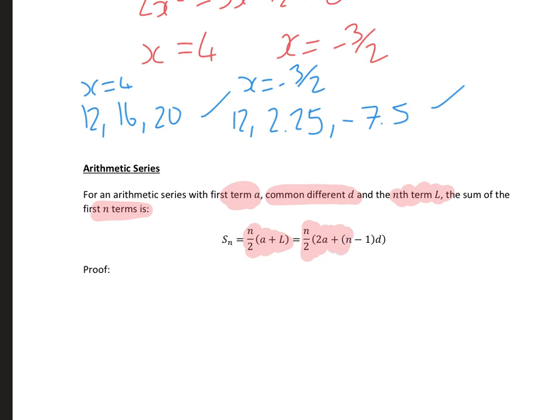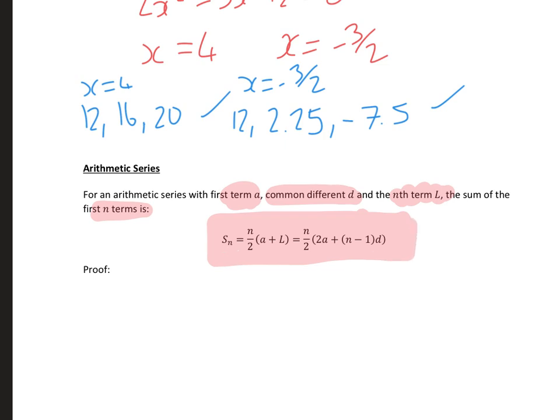Or equally, I can write it in terms of just n, so no L's: n over 2 times (2A plus (n minus 1) times D). Now that formula you're actually given in a formula booklet, so you don't have to memorize this one.